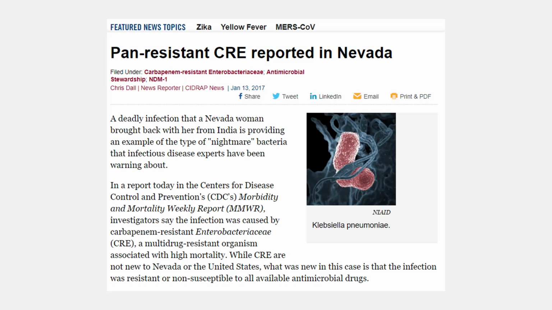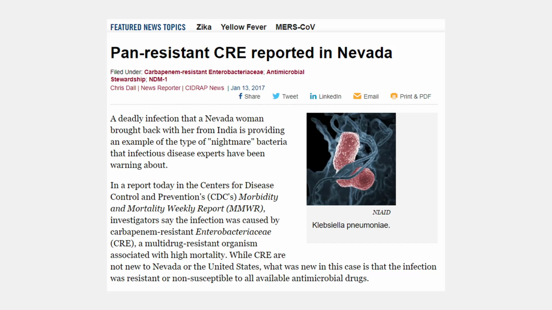And pan-resistant means that this is a strain of microbe that, after antibiotic susceptibility testing, was found to be resistant to every single antibiotic that is used in the medical system in the United States. There was no way to treat this infection, and the woman died not long thereafter.